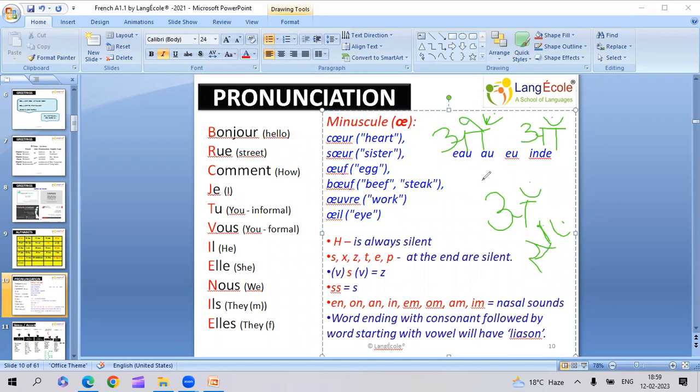What happens? The sounds of the universe are captured like this. When you learned about the science of phonetics, the sounds go like this, so this is a universal sound.